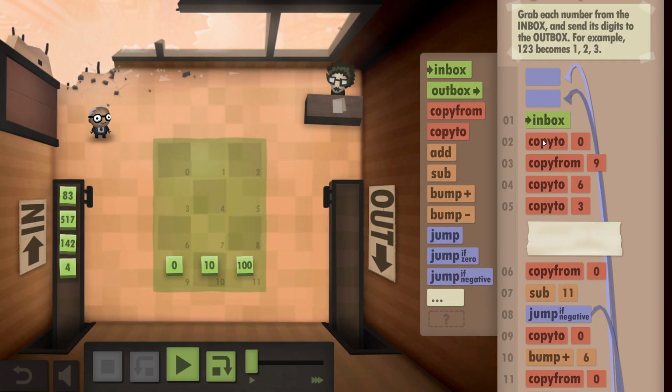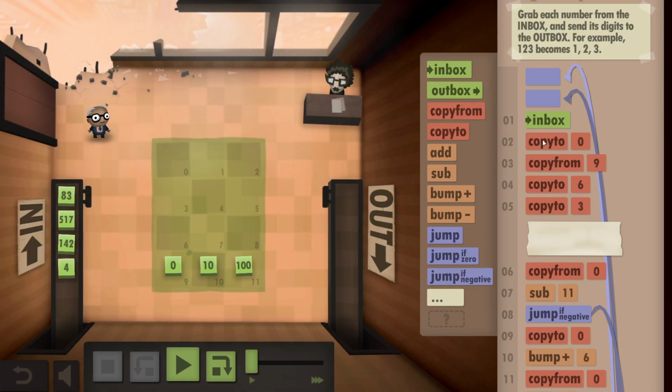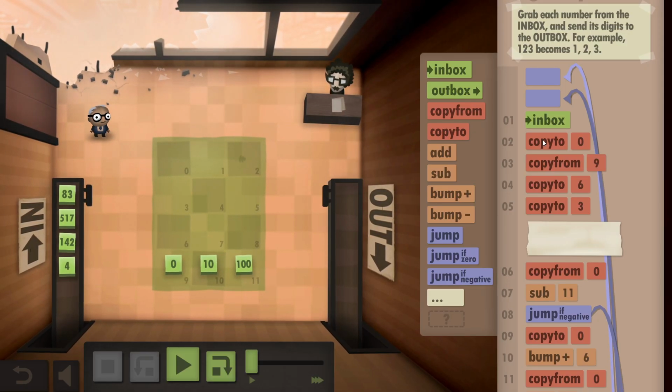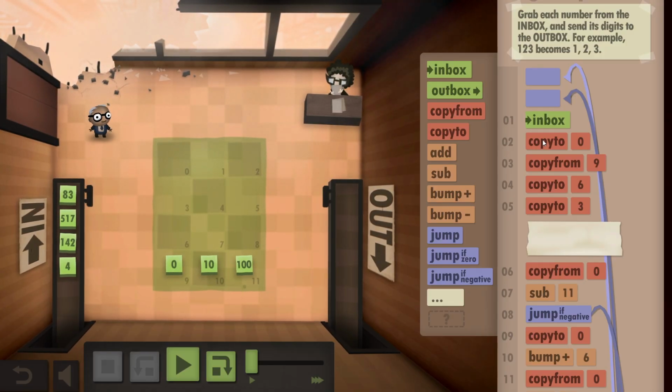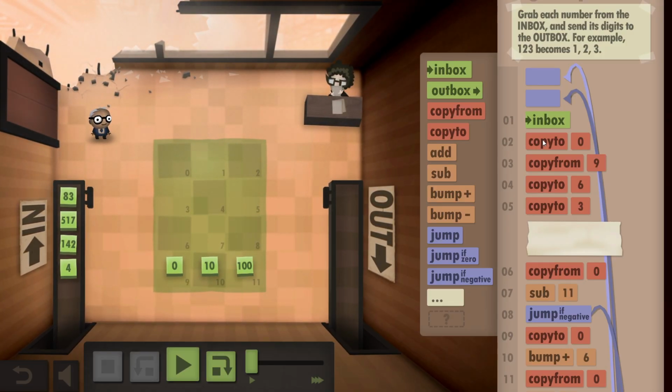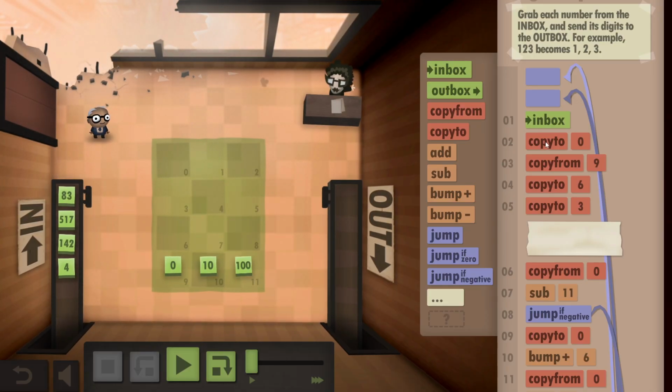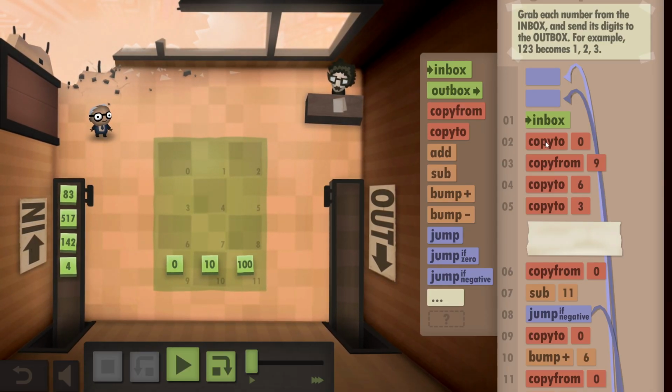Well, we could, if it's negative, do plus to 11. But that seems like more work. Well, no, it seems like exactly the same amount of work, right? Because you do copy 2 here. No, we could save 1 per.